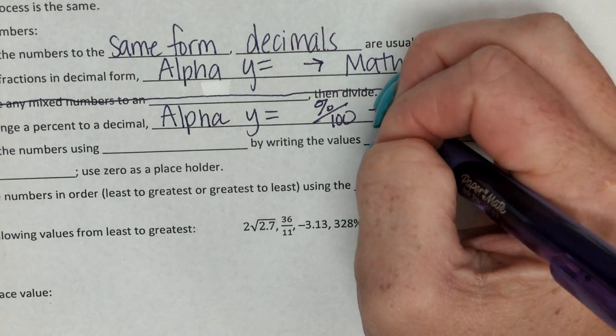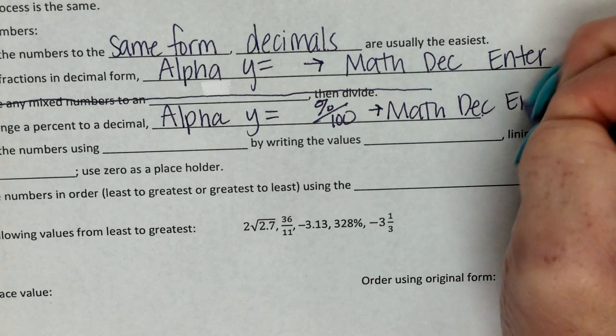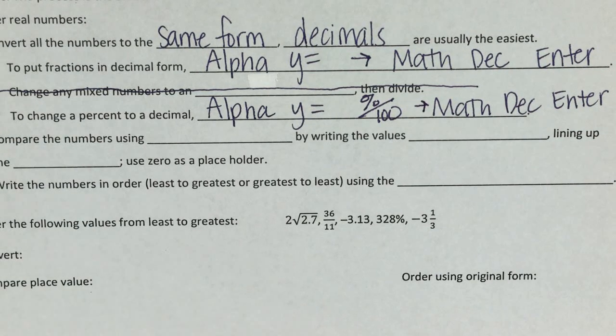Then we're going to arrow out and hit math, decimal, enter. So it's almost the same as doing a fraction, isn't it? We're just going to take the percent and put it over 100. Then math, decimal, enter. Got it? Everybody got it?